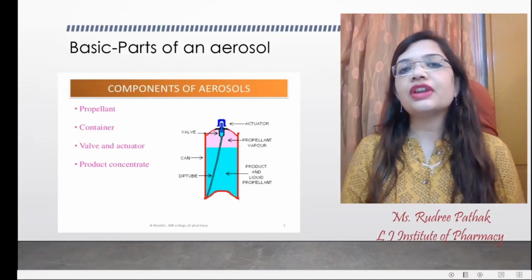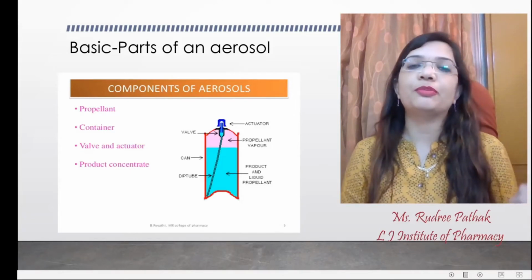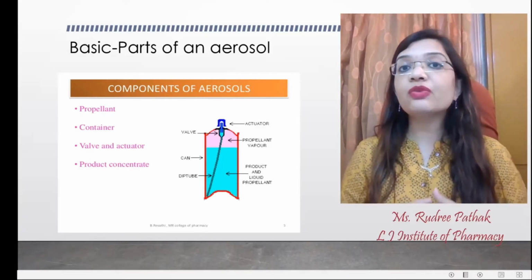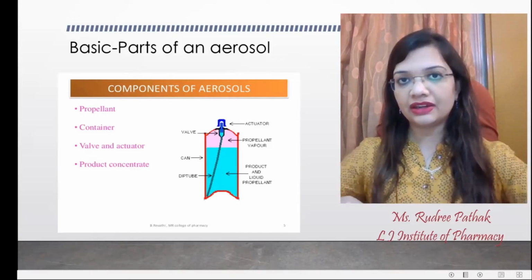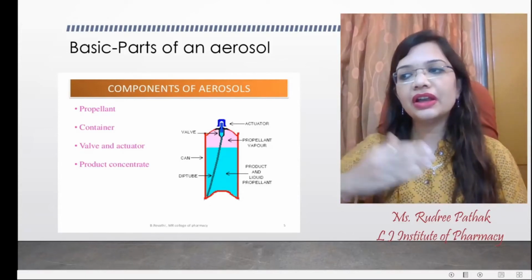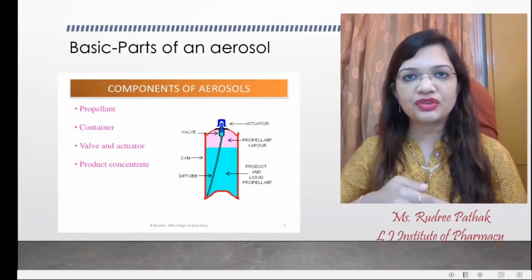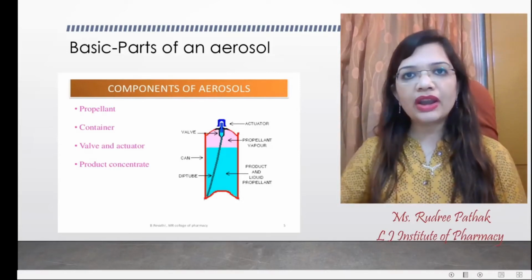First and the most important part, which we are also going to discuss in the presentation, is the propellant. It is the propellant which keeps the balance of pressure inside the container, and when the pressure is released, it also expels the drug from the container to the patient at the required site.